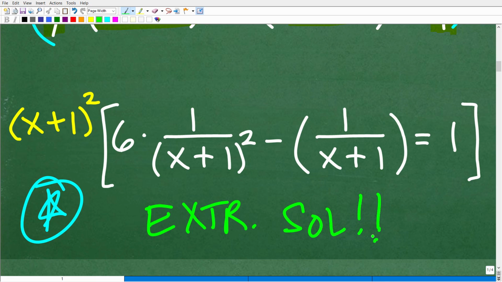And if you don't know what extraneous solutions are, well, again, I'll refer you to those additional resources. But basically, extraneous solutions are the following. When I multiply this entire equation by the LCD, I'm going to end up with an equation. I'm going to solve it, and I might say to myself, oh, there's the answer. Well, no, you could possibly have found yourself an extraneous solution, which is not the actual solution.